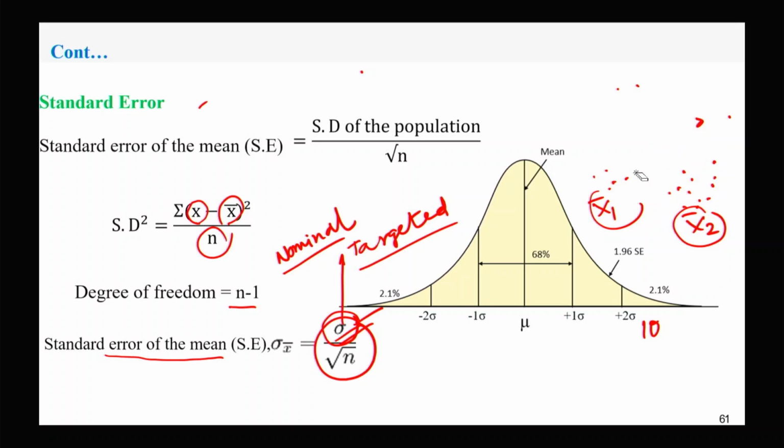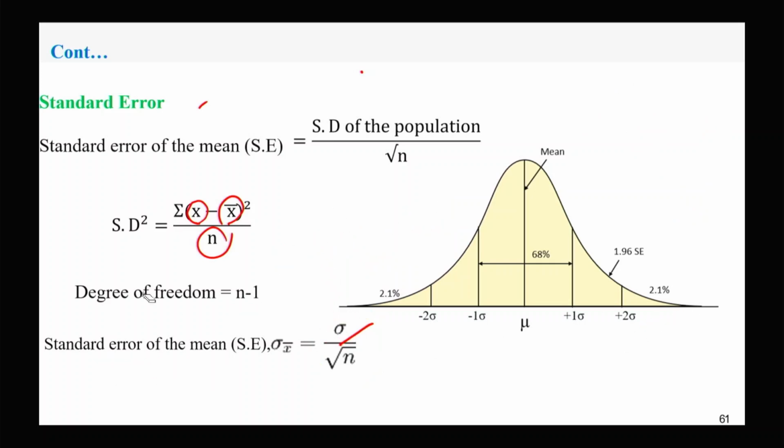Depending on the level of accuracy required, we can decide the number of readings. How many readings in a sample should we take? Suppose 10,000, again I am taking the same example for easy understanding.